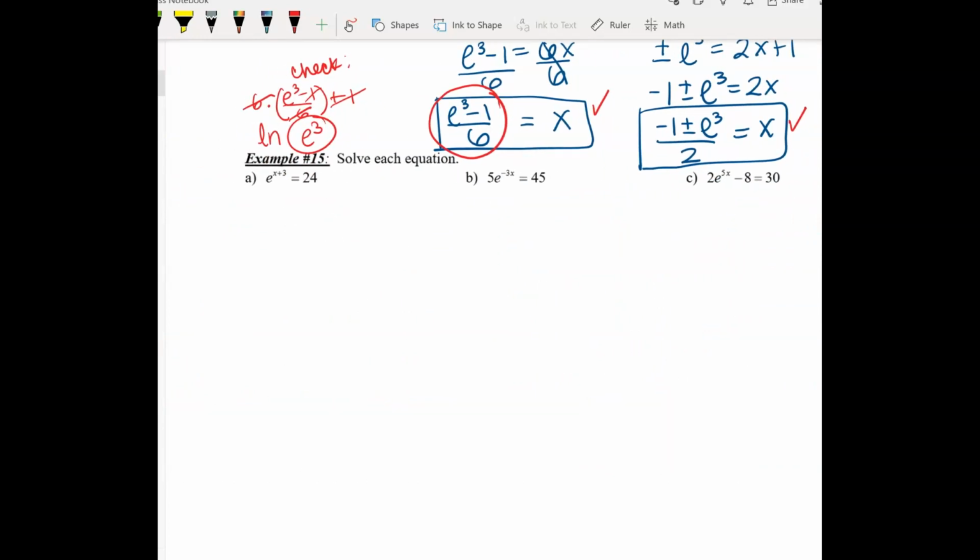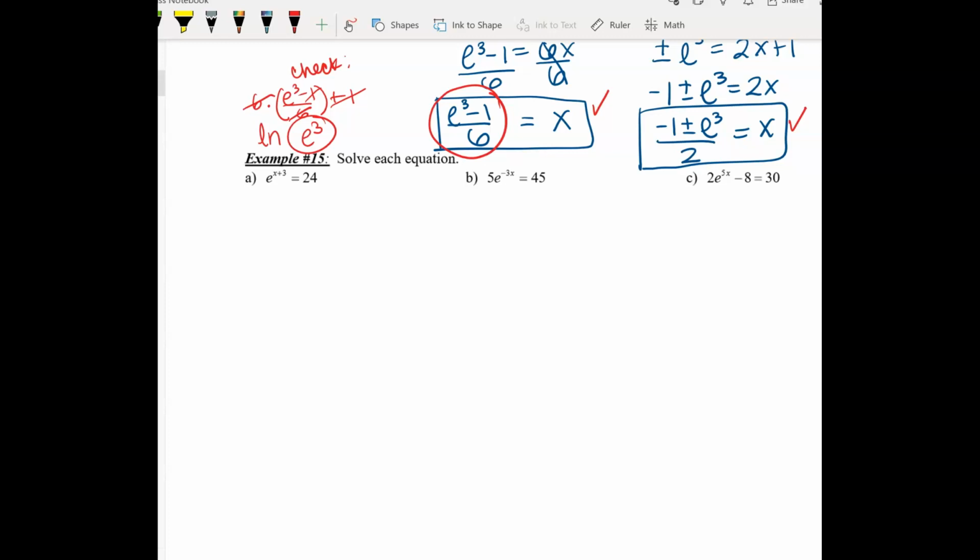So lastly, we're going to solve these equations with e in them. And remember, these are exponential equations, which means we can either rewrite both sides with the same base, or we can solve using logarithms. It would be difficult here to rewrite both sides with the same base because not both sides have an e. So we're probably going to rely heavily on taking logarithms.